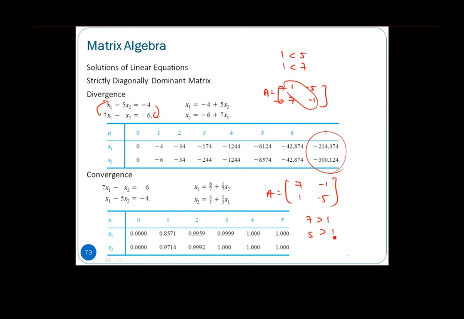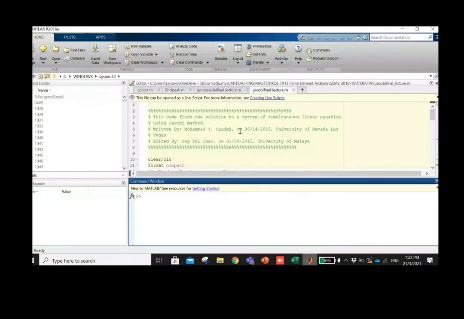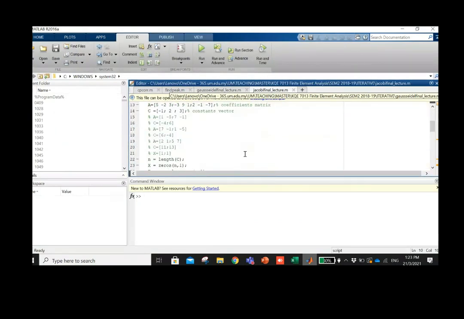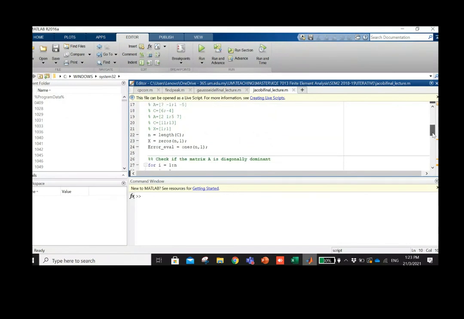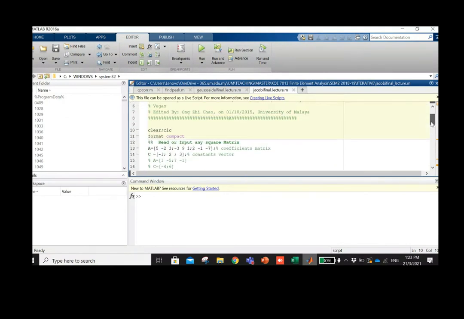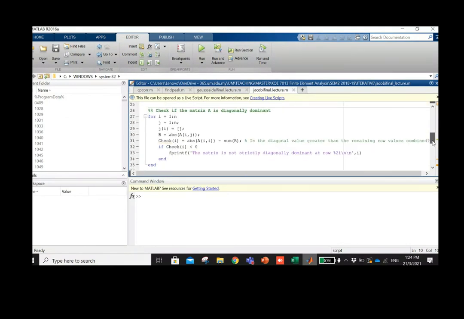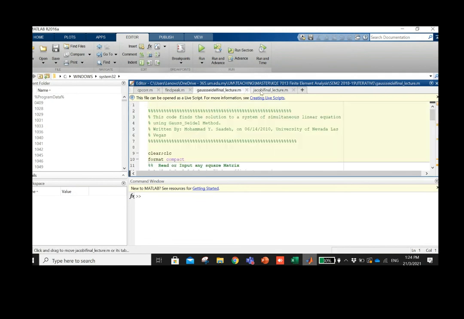So it's a strictly diagonally dominant matrix. After 5 iterations, it has converged. If you can see my screen, that is the coding for Jacobi and Gauss-Seidel, if you see that.